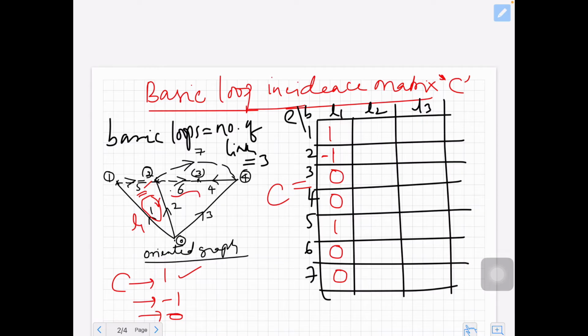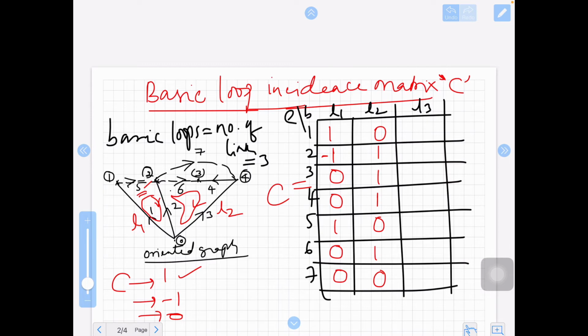Similarly, we will consider the sixth link to the tree. If I consider the sixth link to the tree, you will get this loop L2. This L2 loop is touching the elements 2, 3, 4, 6. The other elements are not linked to the loop L2 and we will mark these as -1 or +1 in the table.